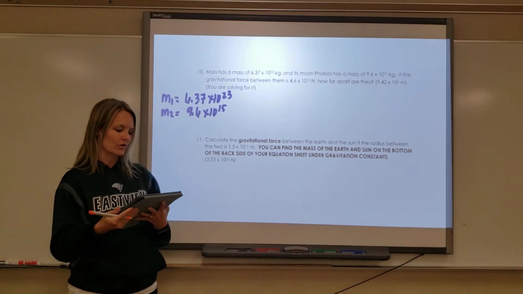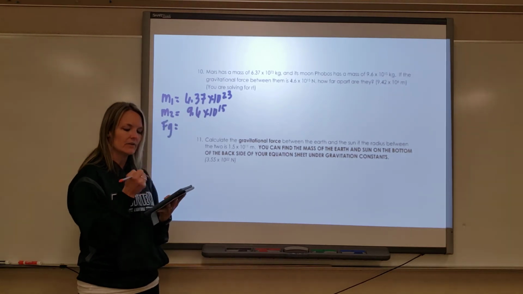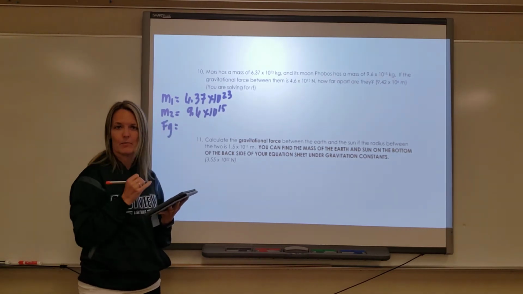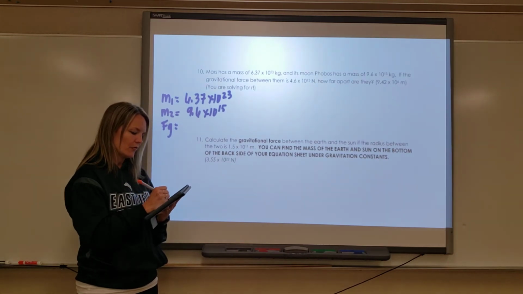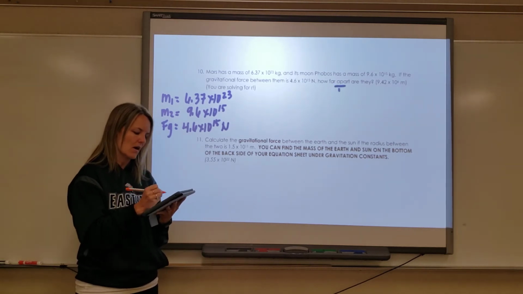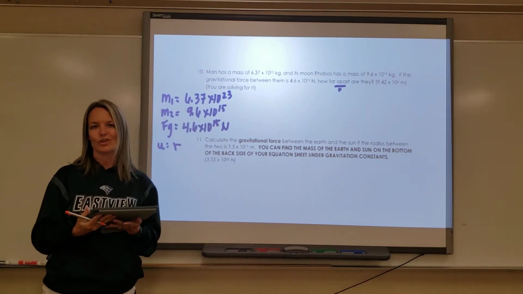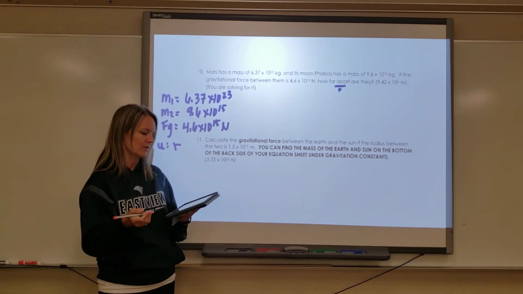If the gravitational force between them, so F of G, I've been solving for it up until this point, now it's given to me, 4.6 times 10 to the 15th newtons. How far apart are they? That is R. So my unknown is the radius. We're looking for the distance between them from center to center.